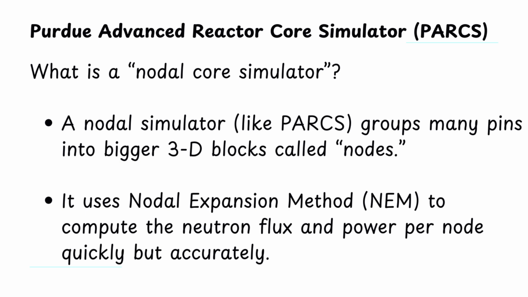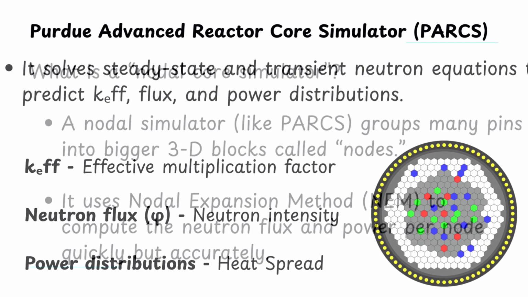But what PARCS does is it groups many pins into one bigger 3D block called a node. And it also uses a nodal expansion method which helps to reduce the time and keep the accuracy. It will give us an accurate simulation of the different parameters.